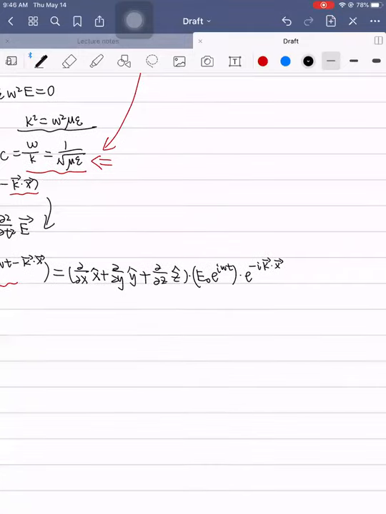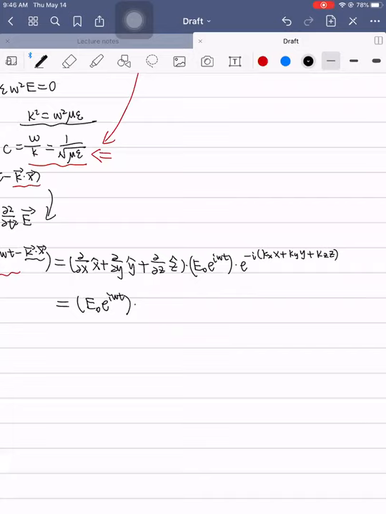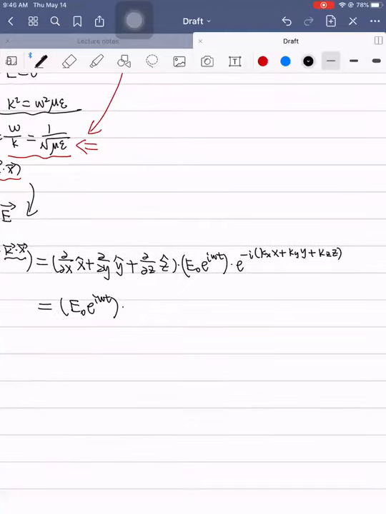So if we proceed with the calculation, we can also expand this to make it more clear. Because this is the dot product, you can write it as this. We just take the derivative along the three axes of this quantity.